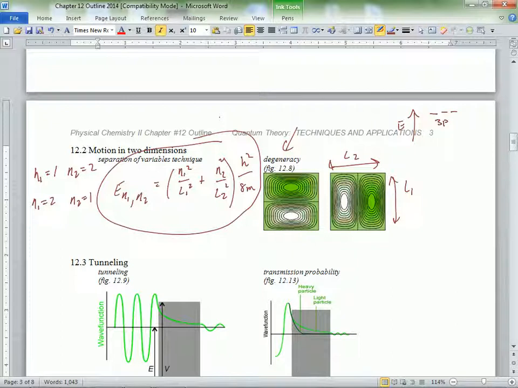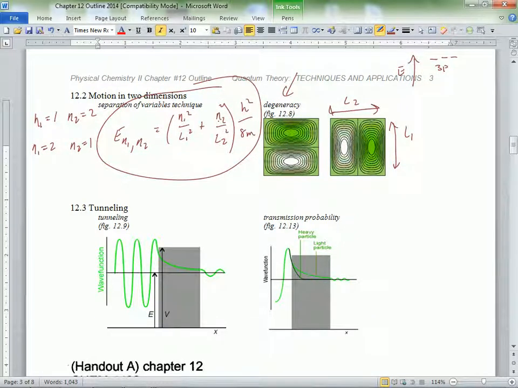Is it h squared over 8m? I'm pretty sure it is. It's always h squared. I don't even think that's in the book. That sounds right, but that's one of those dimensional analysis things that can screw you over. You actually have to prove it, so I'm just guessing.